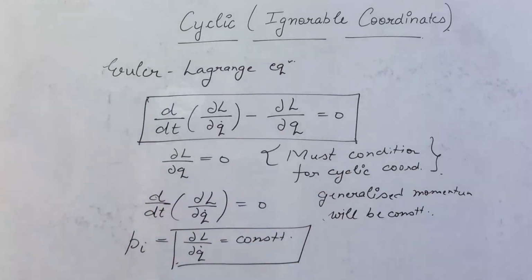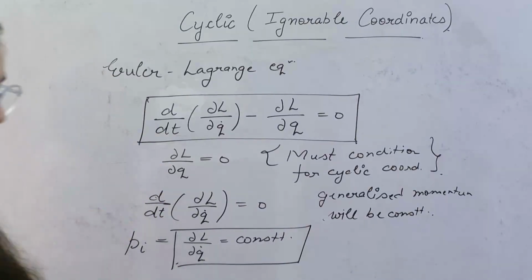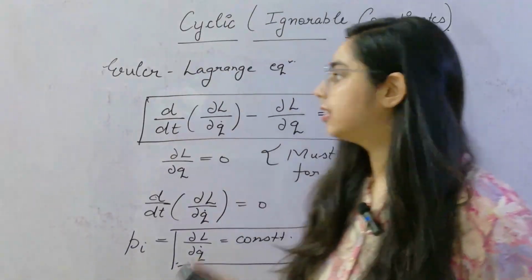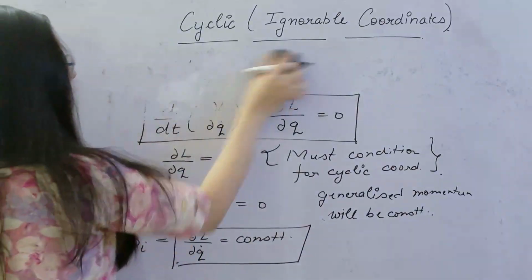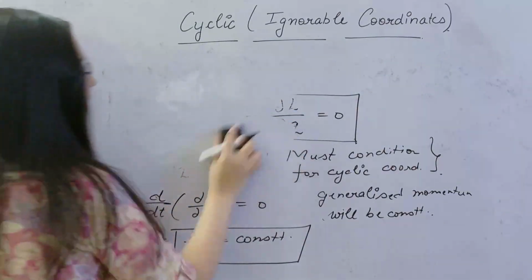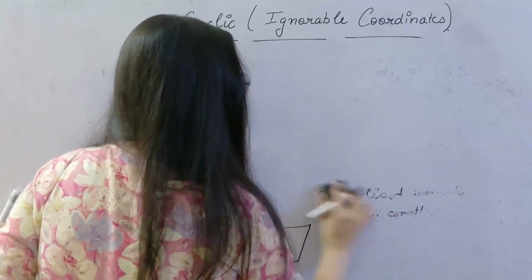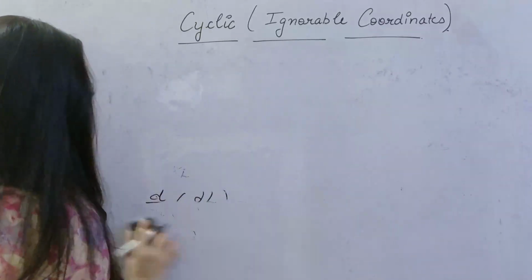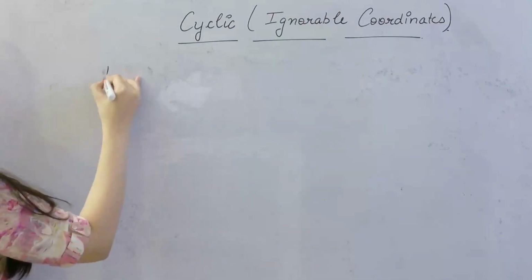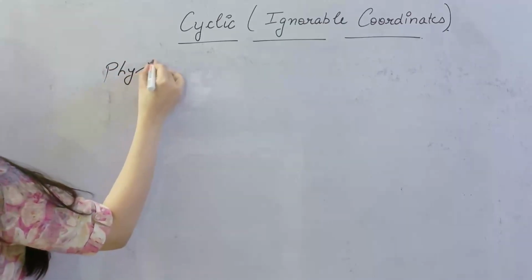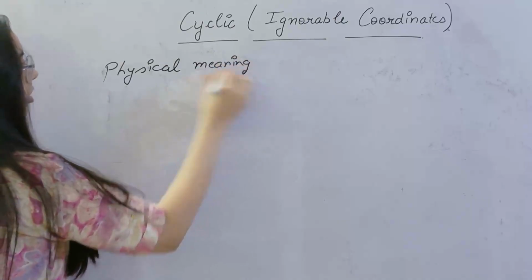Okay. So the question is, what is the physical meaning of cyclic coordinates?